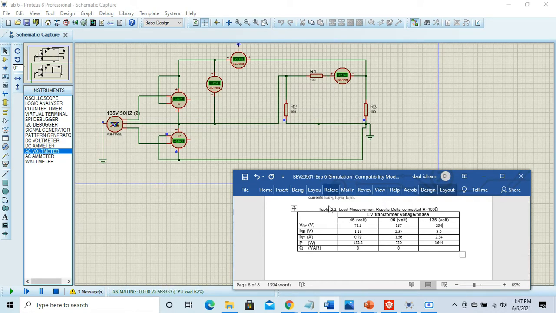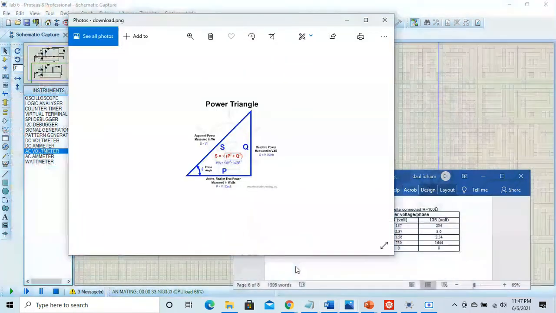IRY is VRY divided by the total resistance, which is 100 ohms, and we get 0.79 A. P is VI cos theta, and Q in var is VI sin theta, which is 0 because, the same as in activity 1, there's no theta since we use a resistor, so sin 0 equals 0, and VI times 0, Q in var, is 0. So that's all.